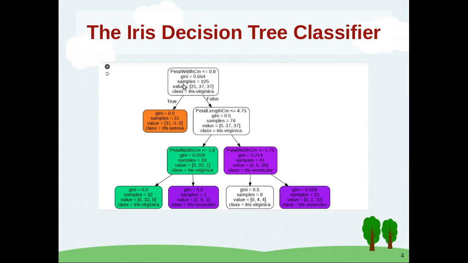Here the sample specifies to us the total number of points in that particular group. Value specifies the segregation into various classes, and class specifies the majority class. Now if we follow a particular branch, we can get the conditions required to come to the final decision of the last step.